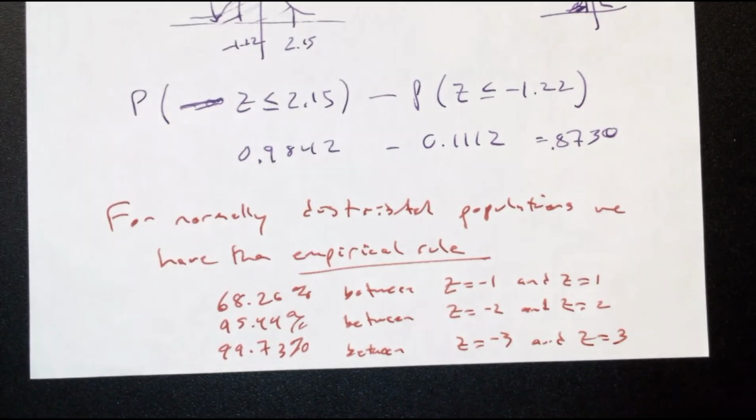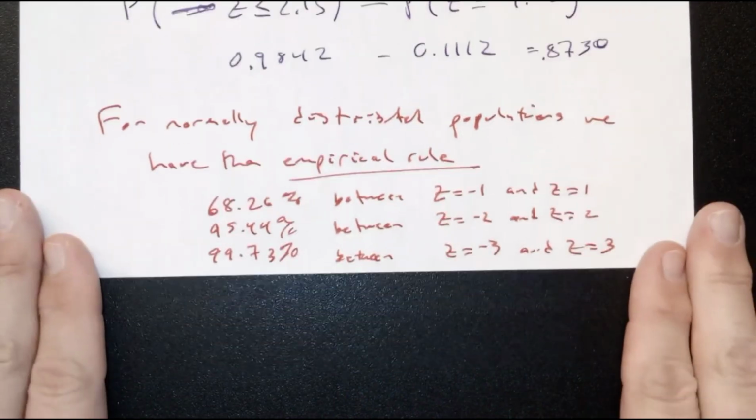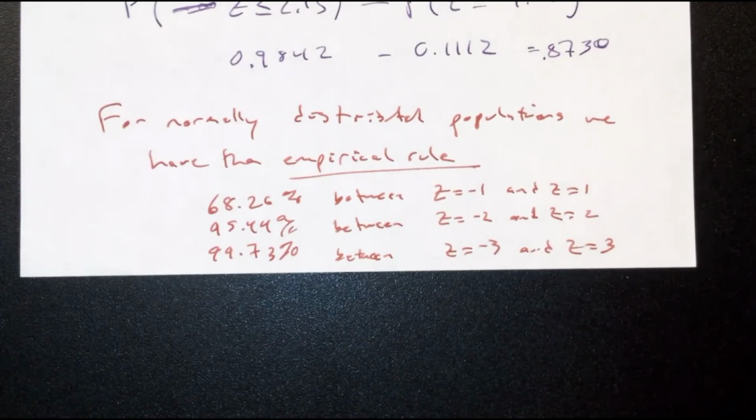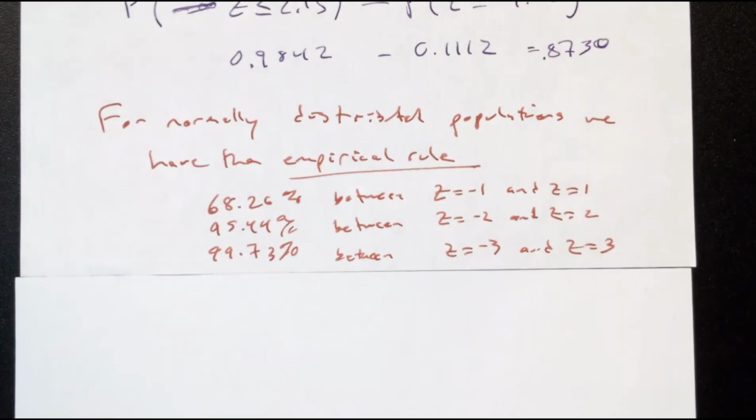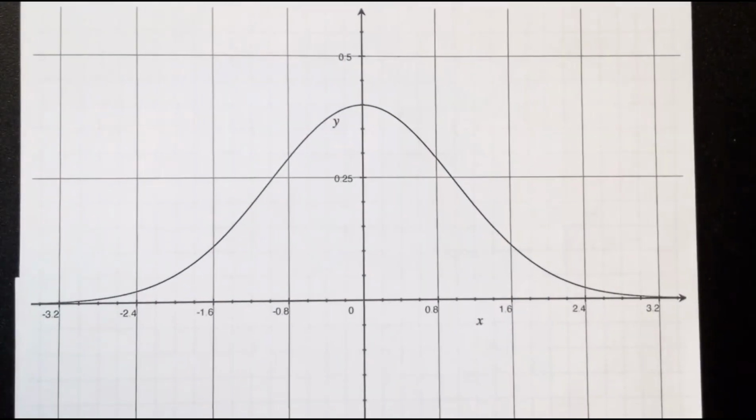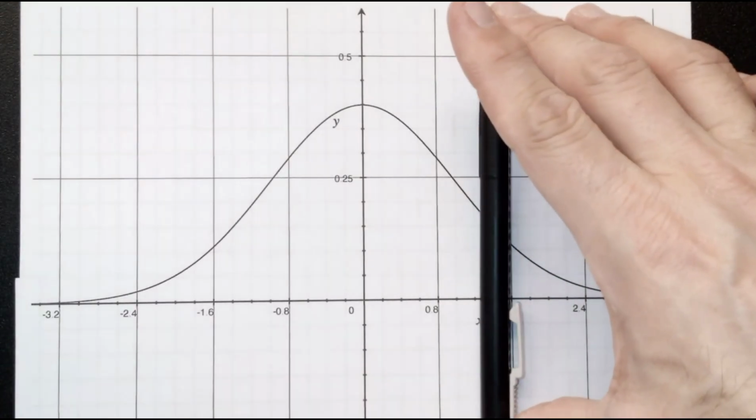Now that actually gives me 2 other really useful pieces of information about the normal distribution. If I look at my crappy picture, I'm going to cheat and take the book's better picture instead. 1 standard deviation is right there.